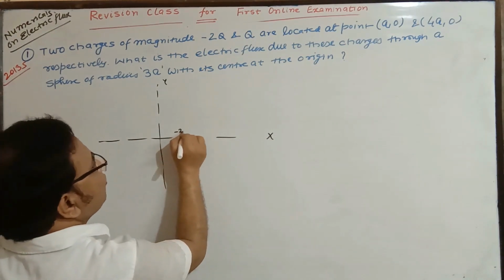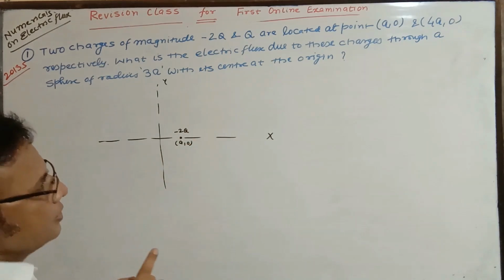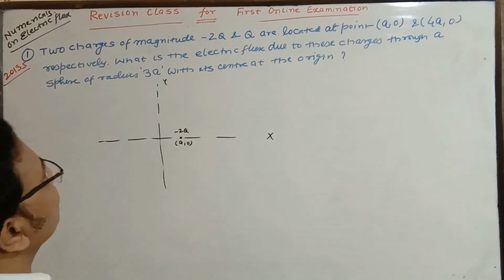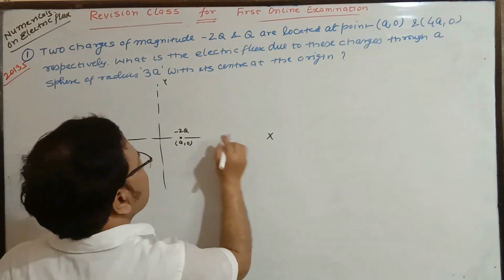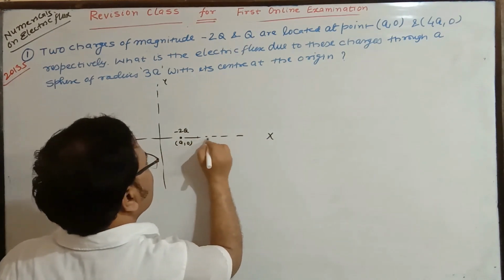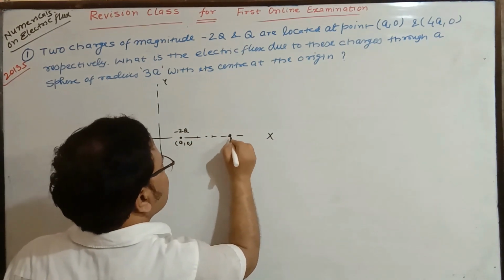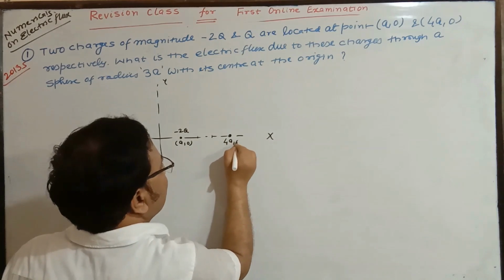Here minus 2q is located. And the second charge is at 4a, comma 0.